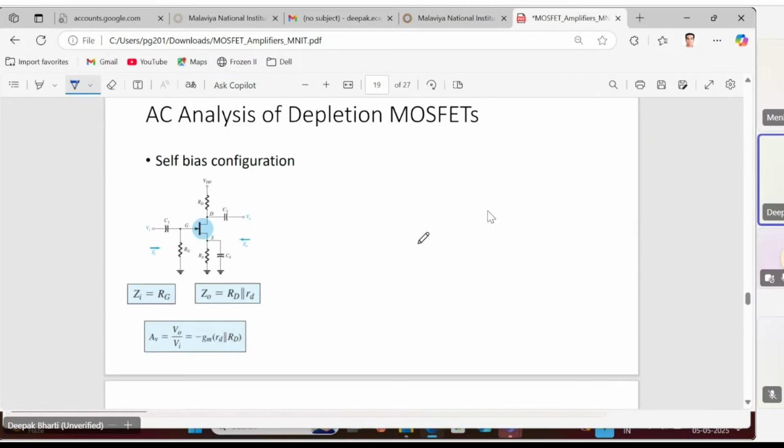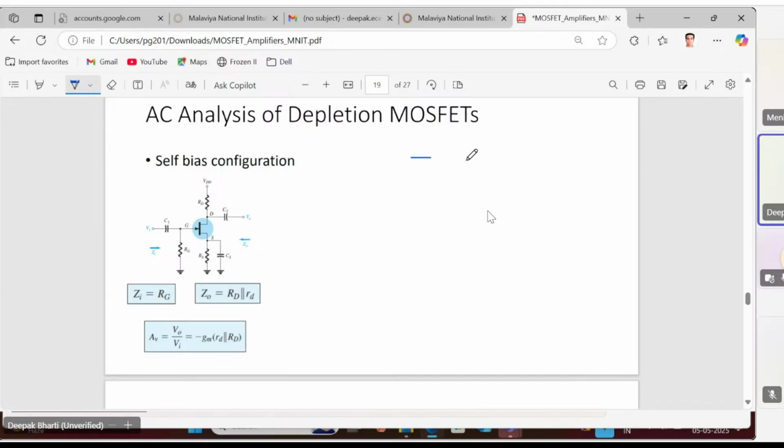Let's come to the next configuration, that is self-biased configuration. Again, we have to find out these three parameters only in the AC analysis, that is Zi, Z0, and AV. So we'll try to draw the AC equivalent for this network. So first of all, let's draw the small signal equivalent of the MOSFET.